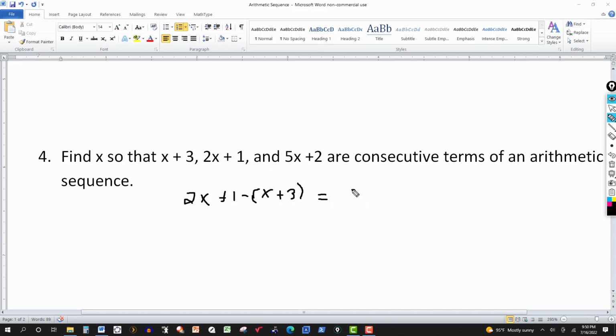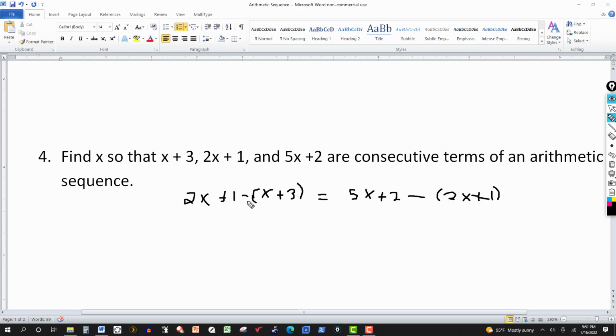So I take the difference of 5x plus 2 and subtract 2x plus 1. Those two differences should be equal. That's the definition of an arithmetic sequence. If you take any two consecutive terms and subtract, the difference or value will be the same.